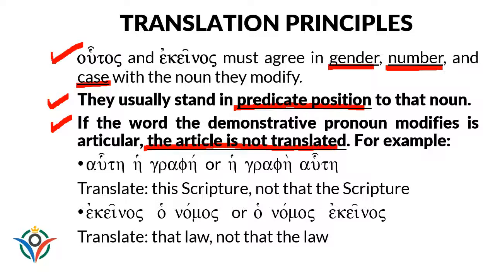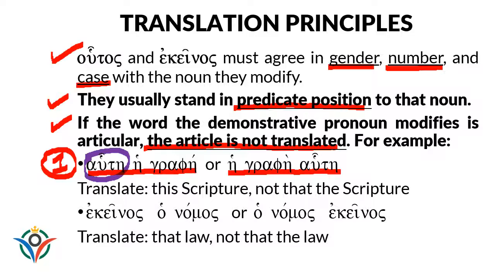So let's take a look at two examples. The first one, we have haute, hei graphe, and the second pattern is hei graphe haute. Right, so in both these examples, we see that the demonstrative pronoun haute agrees in gender, number, and case with the noun that it's modifying, which is graphe, which means scripture.